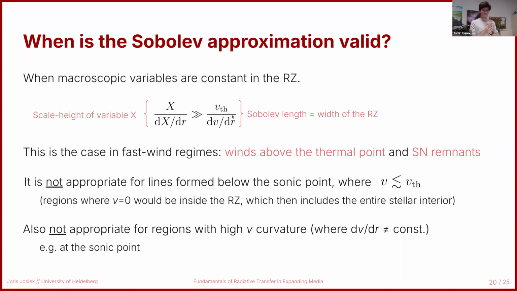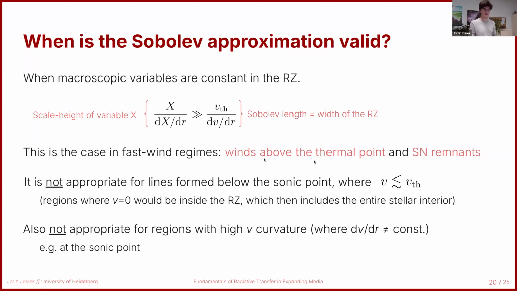So we saw the wider the line profile, the bigger the resonance zone. It's quite clear. So this means that we can use it in places where there's a fast wind. So anywhere where the thermal velocity is much, much smaller than the wind velocity is a place where we can apply the Sobolev approximation.